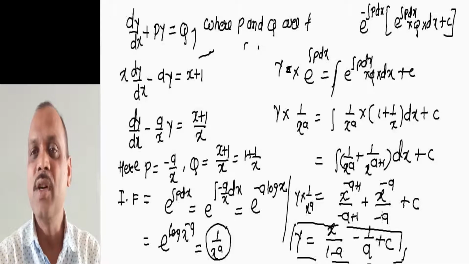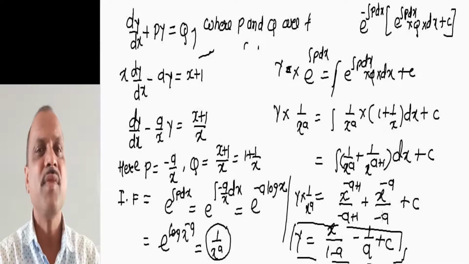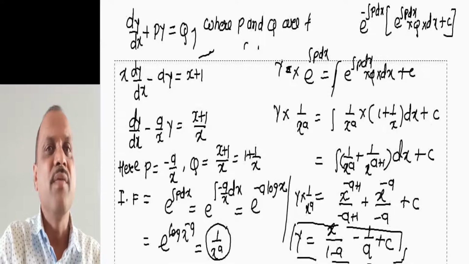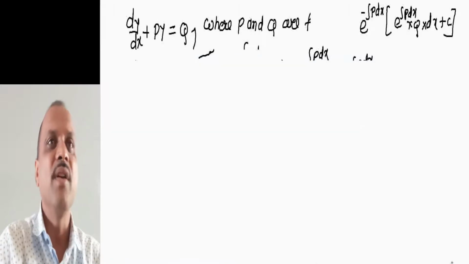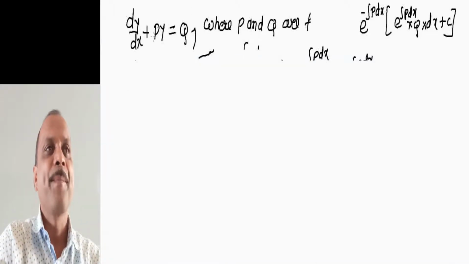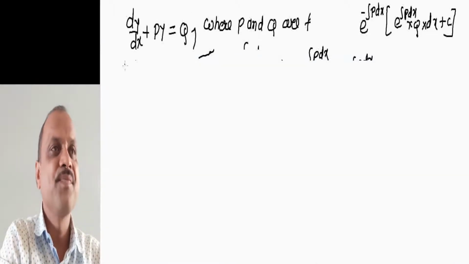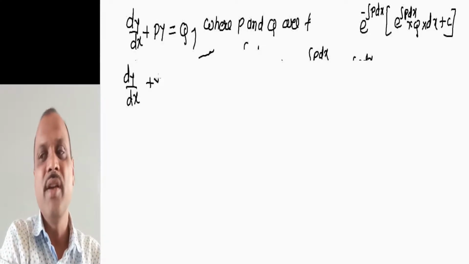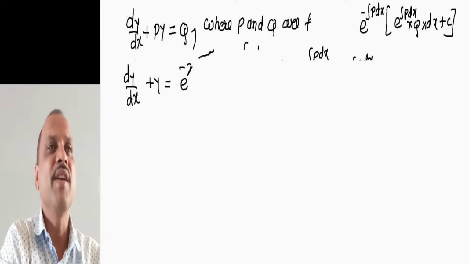Let us see one more example. Now consider again, to clear the idea of these linear equations, one more example: dy by dx plus y equal to e raised to minus x.